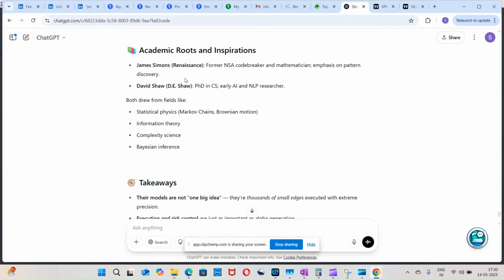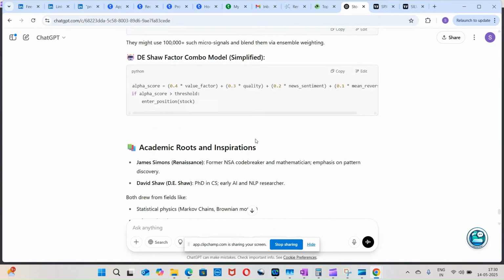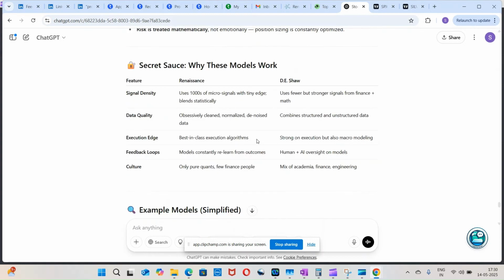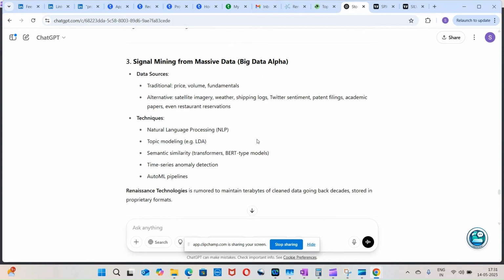And David Shaw has a PhD in computer science, and he was an early AI and NLP researcher. He used to teach at Columbia. The main fields they use to develop these models are statistical physics, information theory, Bayesian inference, and complexity science. That's their academic background and roots.